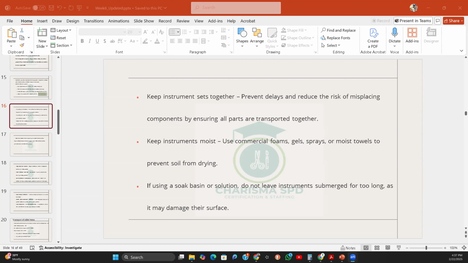All right. We should also keep instruments moist. How do you keep instruments moist? By spraying them with some gel or spray chemical that most of the time we call pre-cleans.